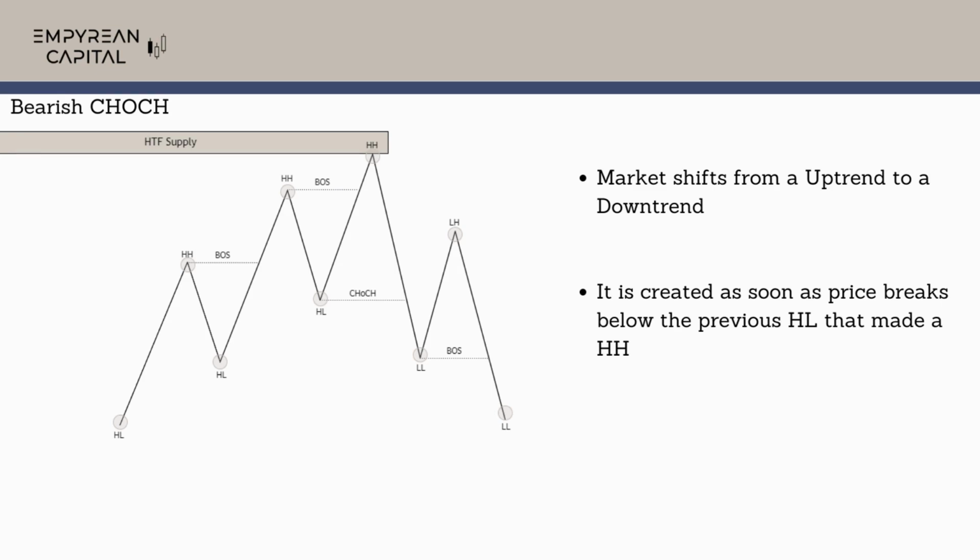This is a very important point, guys. As soon as the market breaks below the higher low that generated a higher high, we are in a downtrending market, right? And how can we use this bearish change of character to identify when that pullback will occur?